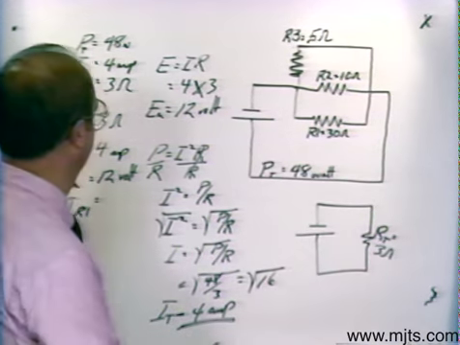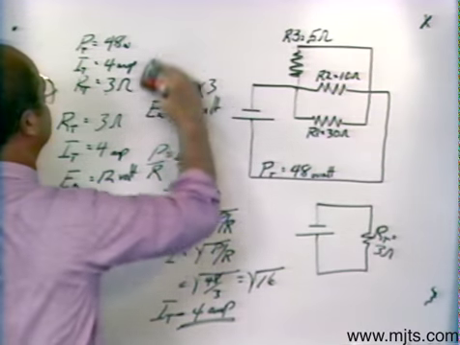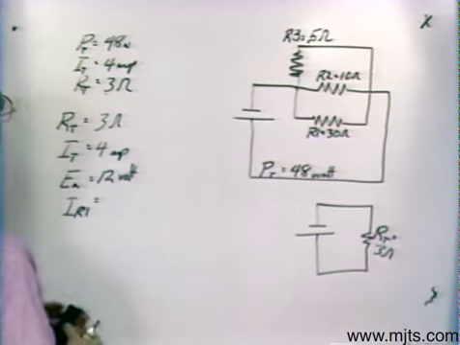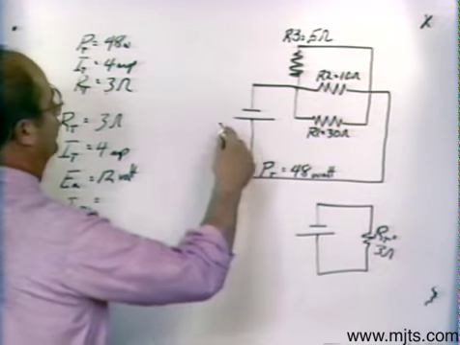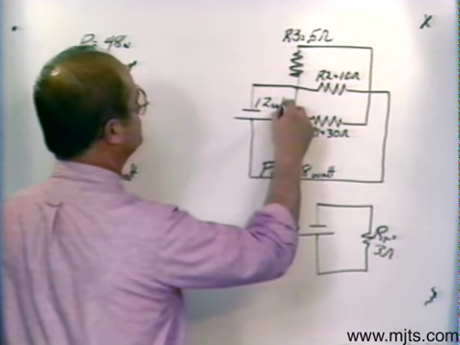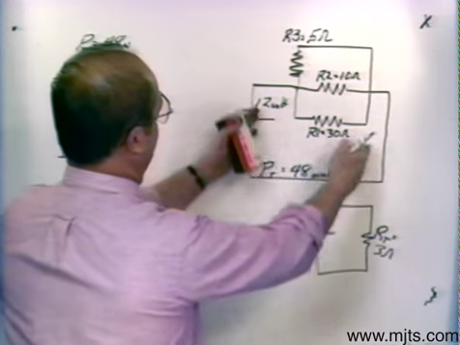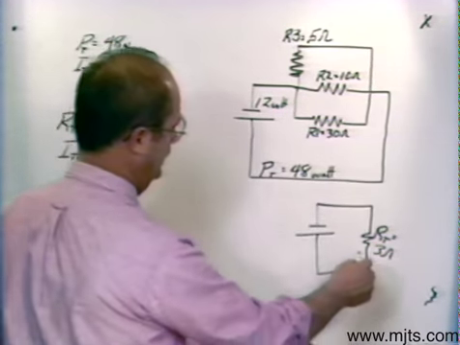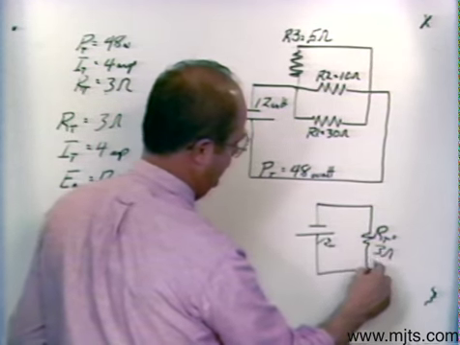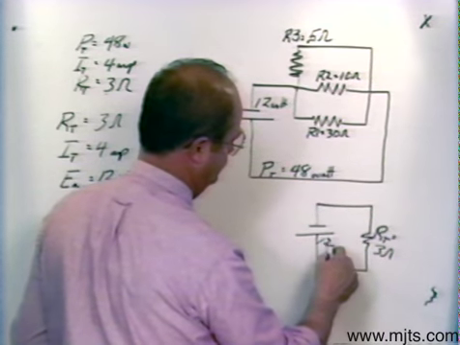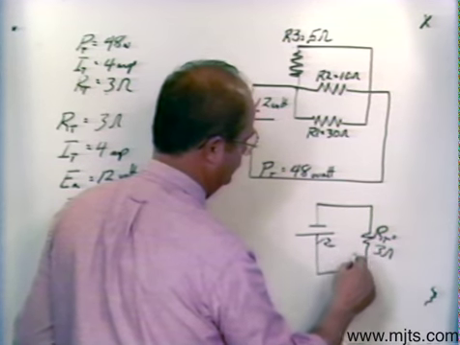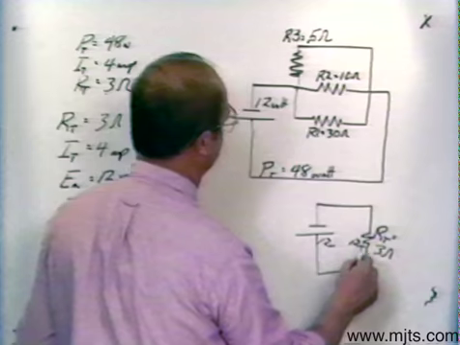Now, if I was to label this for voltage, we'd have 12 volt. Now this is a parallel circuit. I have right here 12 volt. If I was to label that total resistance for voltage, I'd have 12 volt across there.